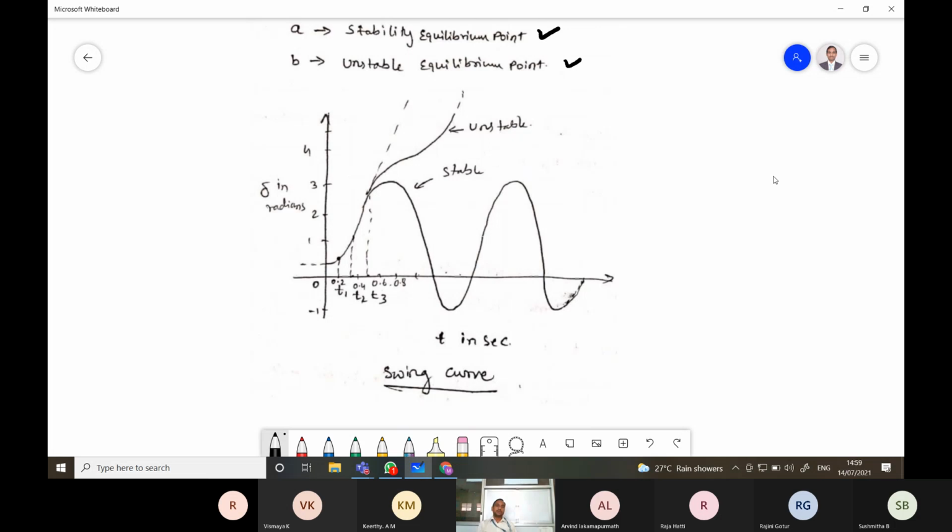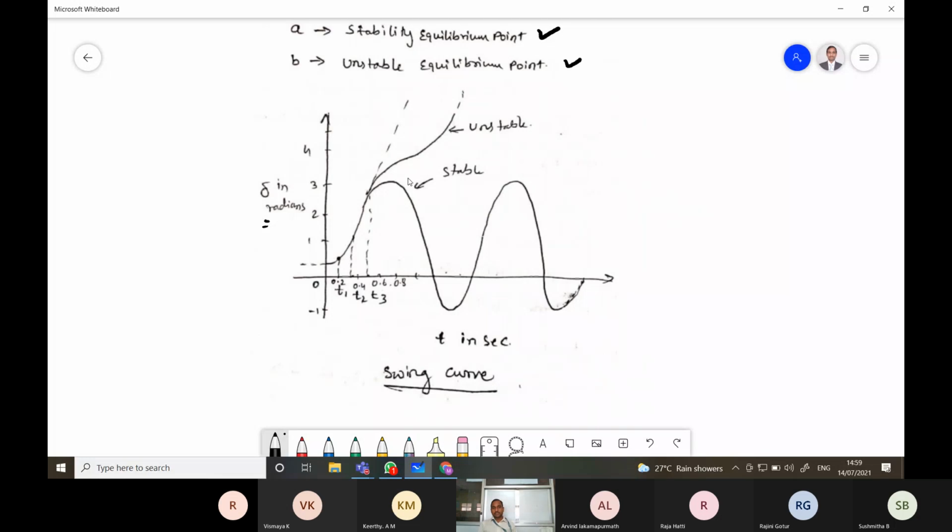This is the swing curve, delta in degrees versus time. Okay, so we increase the time, 0.2 seconds, 0.4 seconds, in terms of seconds. The angle delta is also increasing. After the disturbance, it will be swinging between PM and PE.